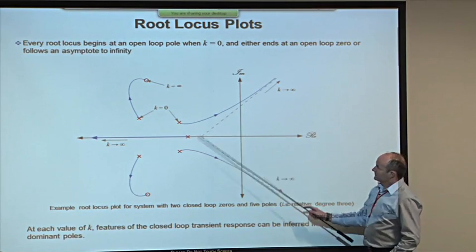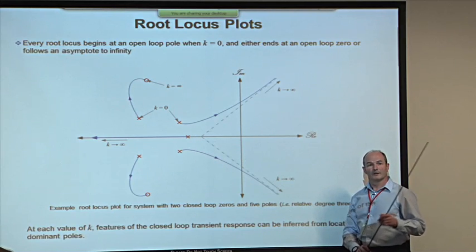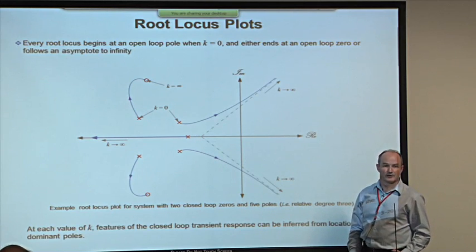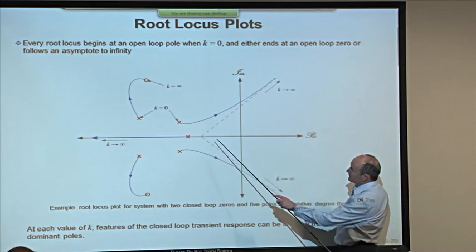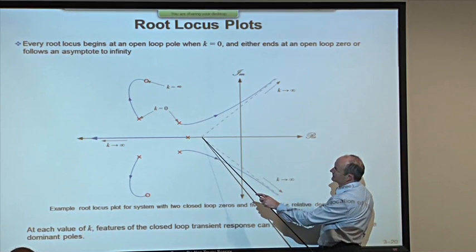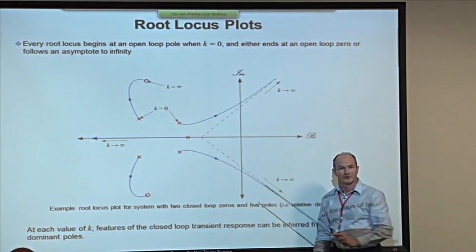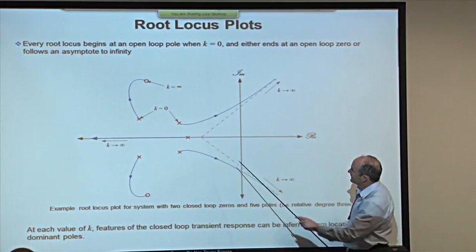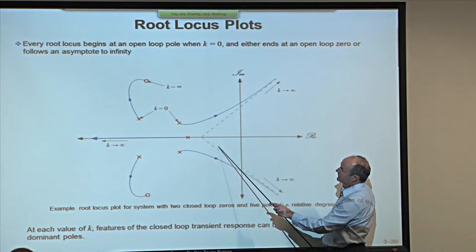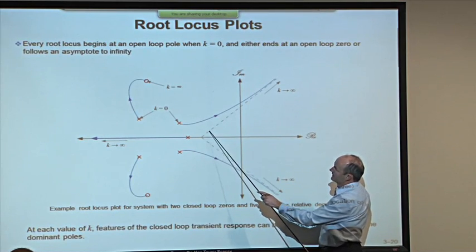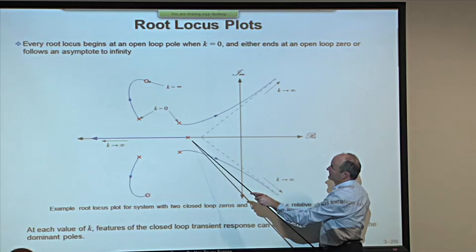And these asymptotic lines are always equally spaced from one another, and they focus on a point in the negative real axis. There's a focal point of them, and in this case, there are 3 of them because the relative degree is 3, so they're separated by 2 pi over 3, or 120 degrees. There's one, there's another one, and there's another one.